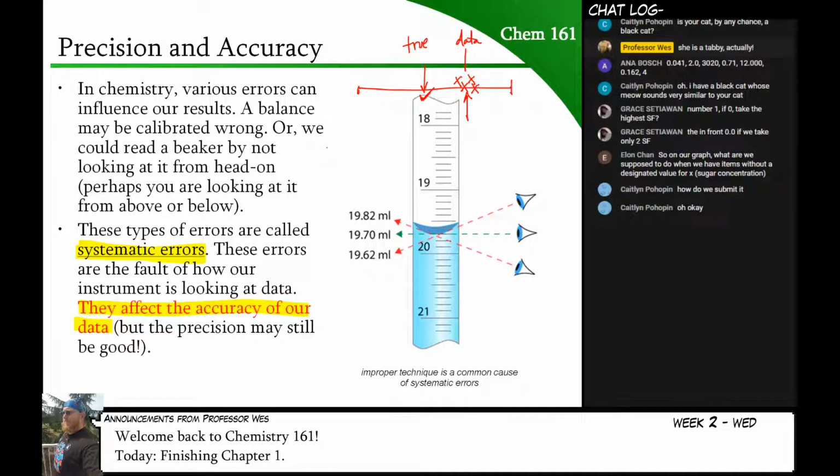And so if I have this issue, I cannot average it away with multiple trials. So systematic errors cannot be averaged away. So if you make a systematic error, your accuracy is just done. You are off of the correct answer. And there is no way to fix that other than chance.